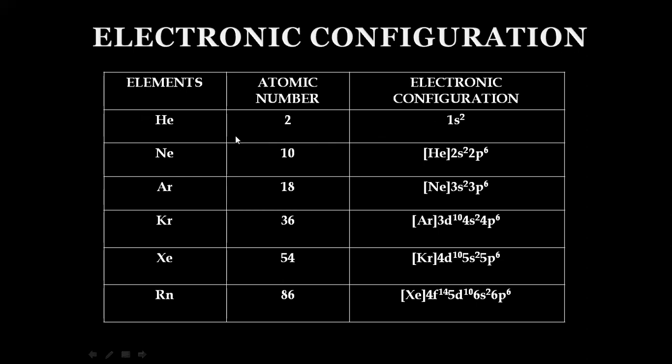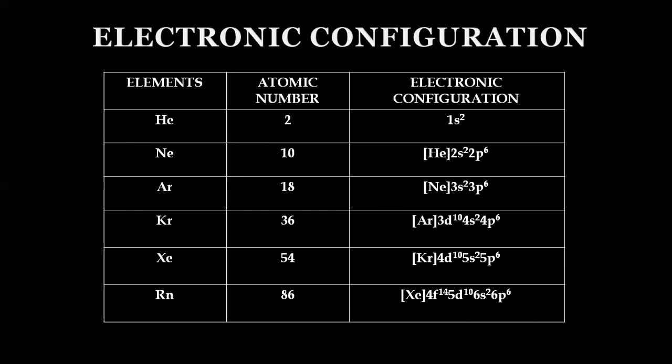Helium is 1s2, neon is helium 2s2 2p6, argon is neon 3s2 3p6. Neon stands for 1s2 2s2 2p6, and 3s2 3p6 is the outer shell configuration. Then krypton 4s2 4p6, xenon 5s2 5p6, and radon 6s2 6p6.